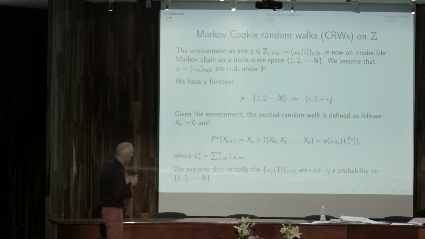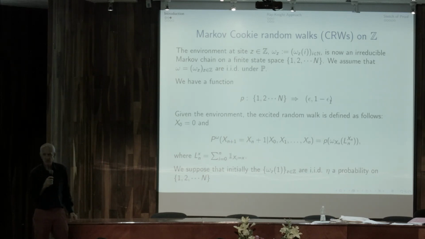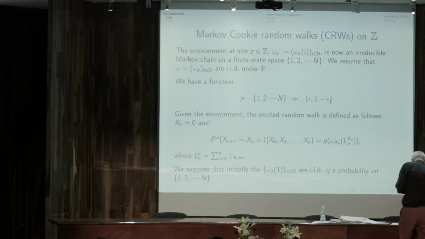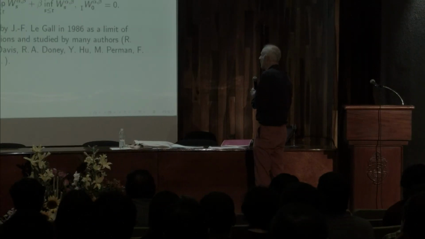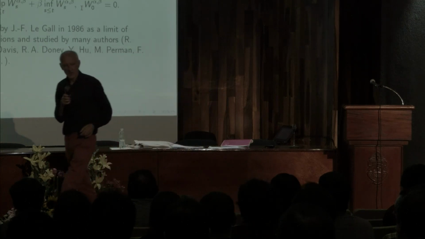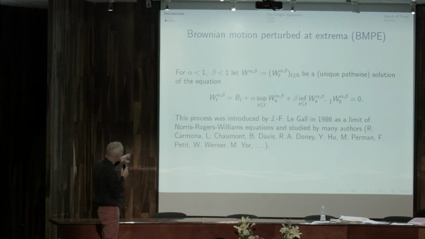But if it's a nice recurrent process, we should, of course, expect Brownian behavior when you renormalize, okay? My next slide is to say, what does Brownian behavior mean in this context? In this context, we're looking at what is called Brownian motion perturbed at extrema.